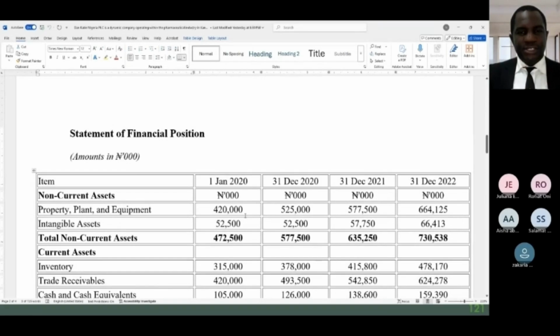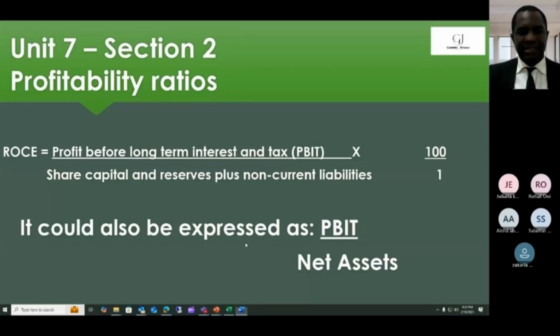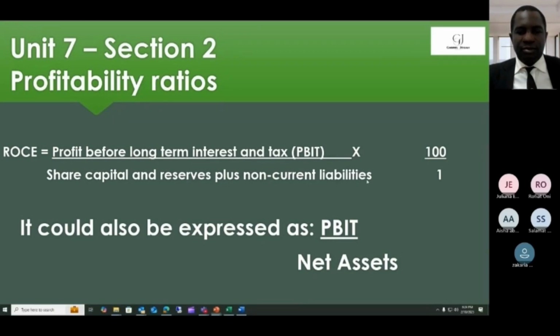Let's calculate that for 2021 and 2022, your profit before interest and taxes. Okay, before we do that, let me take the second variant, which is profit before interest and taxes, and we have the denominator as net assets. Let me do that before we do 2021.